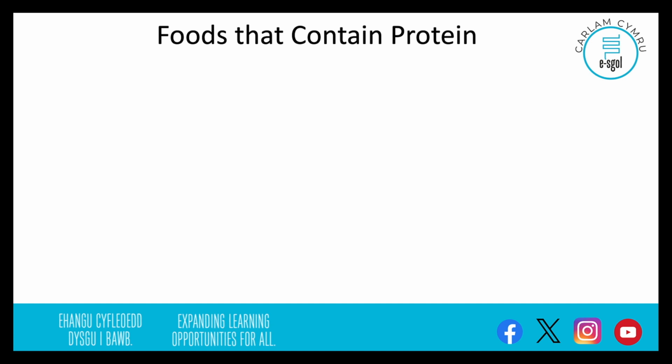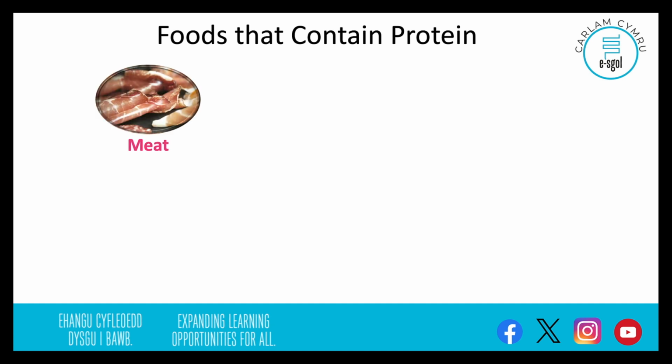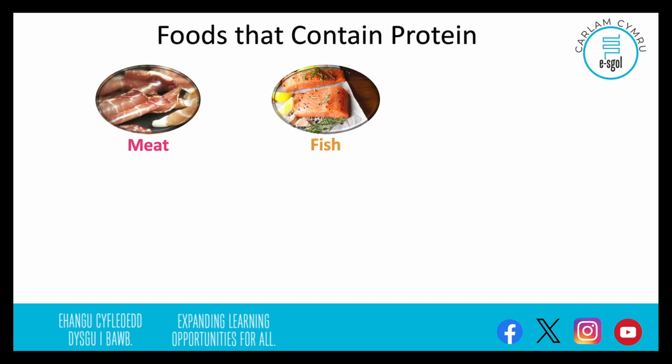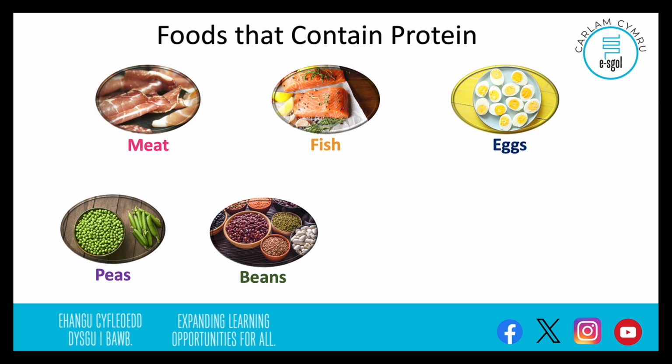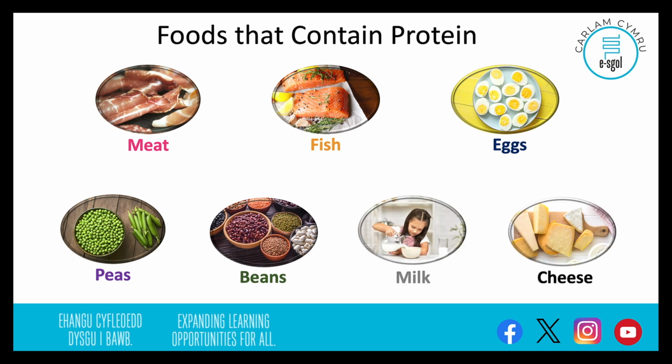Good sources of protein are meat, fish, eggs, peas, beans, milk, and cheese.